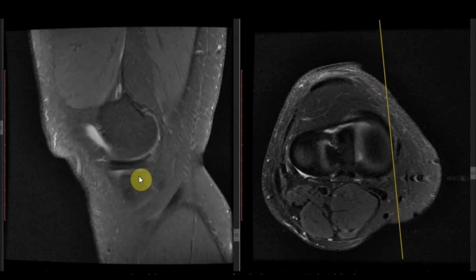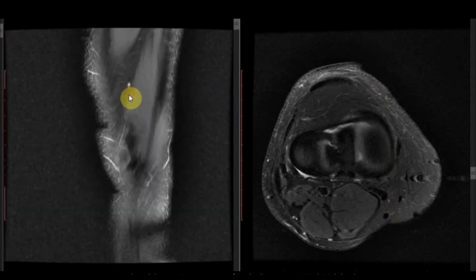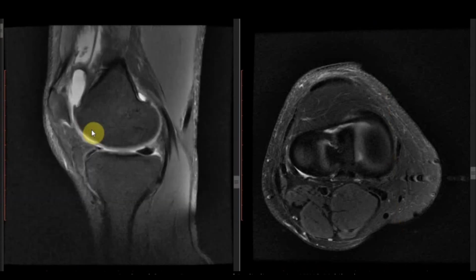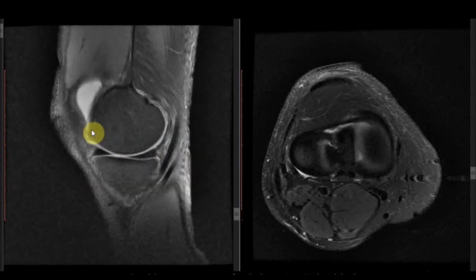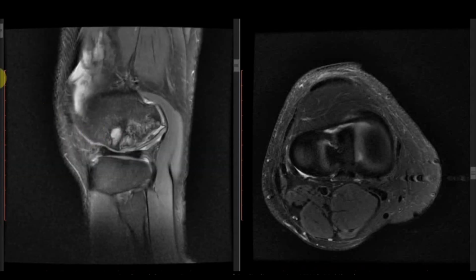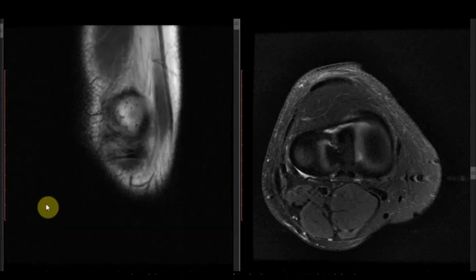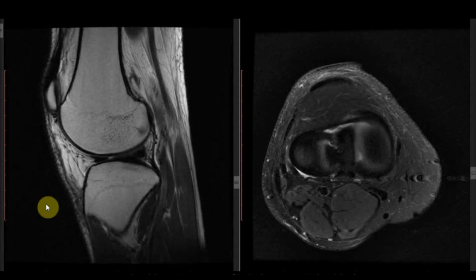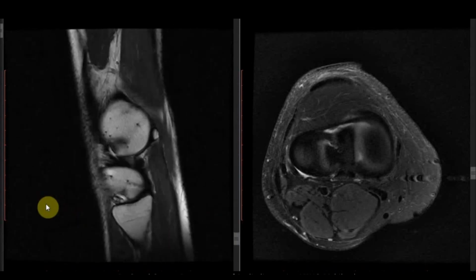Then we can have fabella. So we can see here, this is fabella.